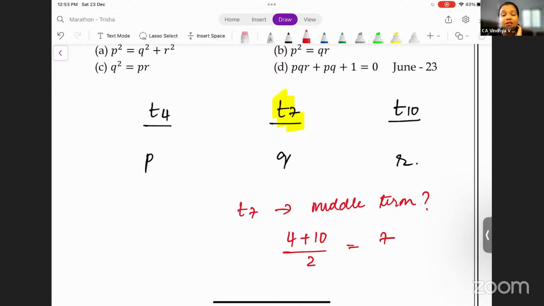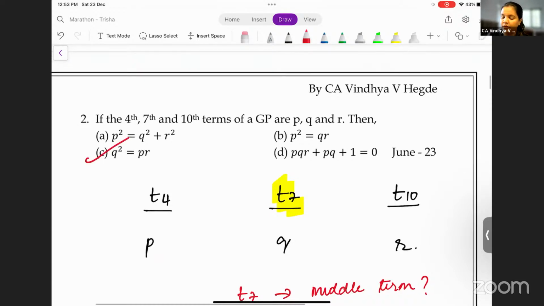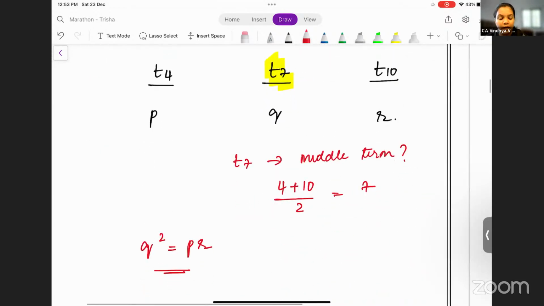And you know that if a term is the middle term, the square of the middle term is equal to the product of the first and the last term. That means here we will get Q square is equal to P into R. Option C is your answer.